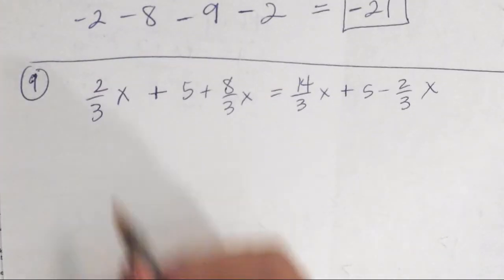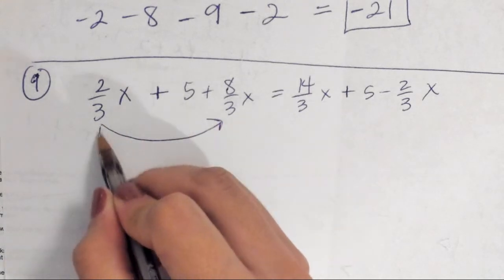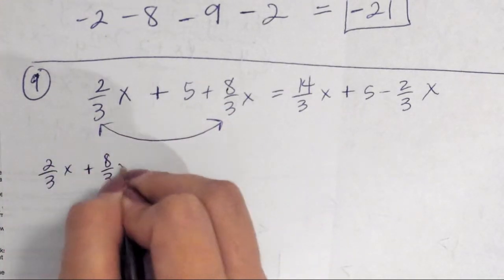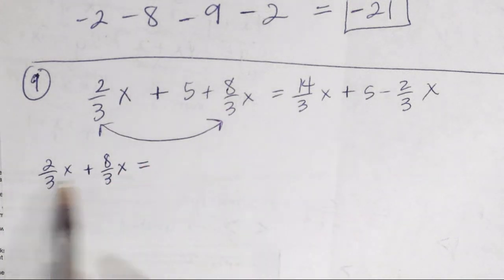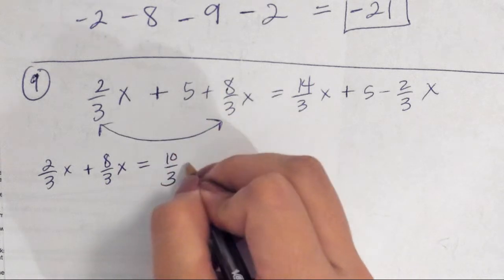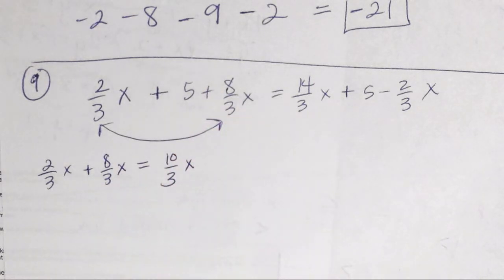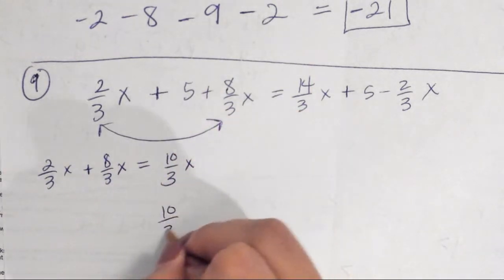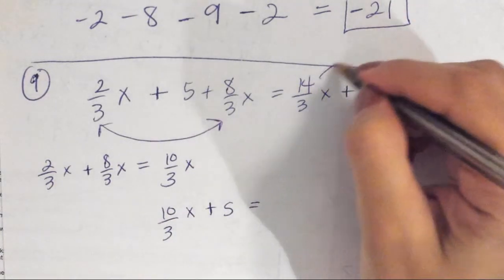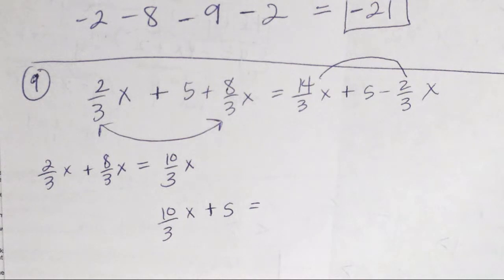All right, so let's look at the left side. I'm going to combine like terms. So I have 2/3 x plus 8/3. You have to remember when you add fractions, the denominator stays the same and you add the numerator. So 8 plus 2 is 10. So this is 10/3 x plus 5 on the left side. On the right side, let's kind of combine, smush these guys right here together.